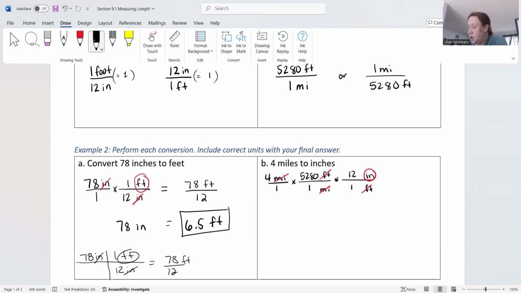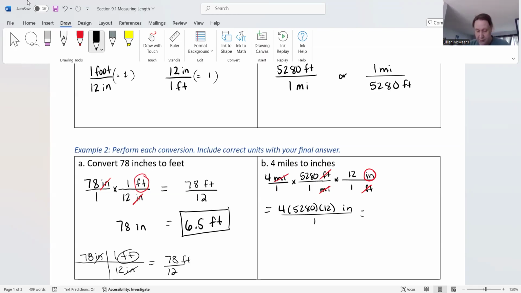All right. So if I were to clean this up, my numerator would be 4 times 5,280 times 12 inches. And then my denominator really just 1, so it's not going to do anything for me. So if you've got your calculator, get your calculator out. I can certainly go to the virtual calculator, but for simple stuff like this, I don't typically switch screens back and forth too much.